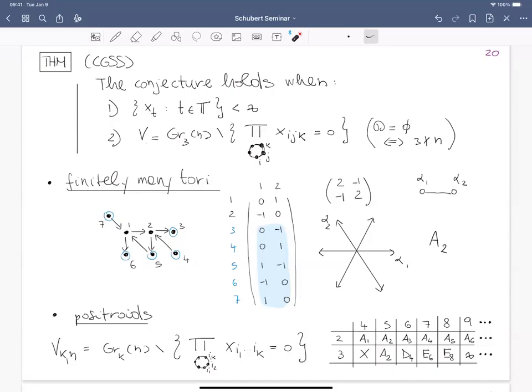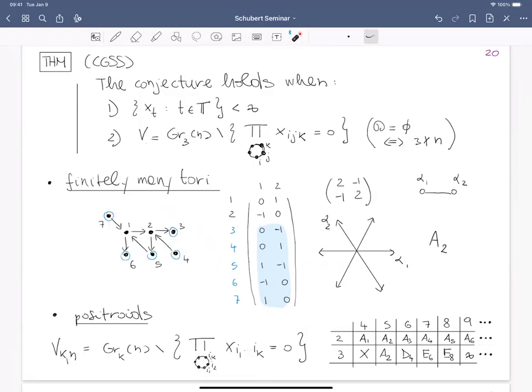So let me explain a little more about 1 and 2. What does it mean that the set of seeds is finite? Remember that as part of the data of this cluster variety or cluster algebra, we have a quiver and some way to mutate this quiver. So here's another example that is slightly more complicated than the one I was discussing earlier.